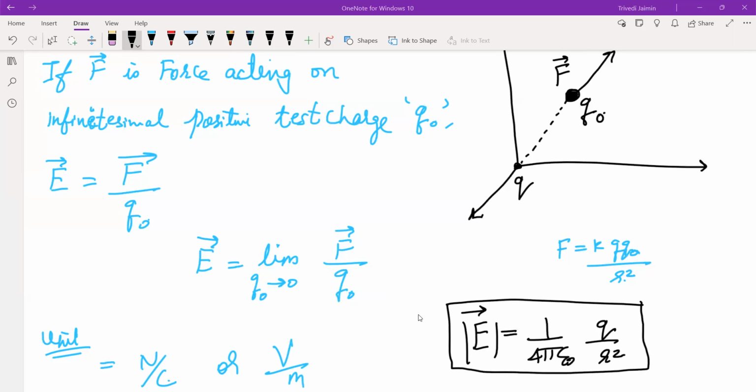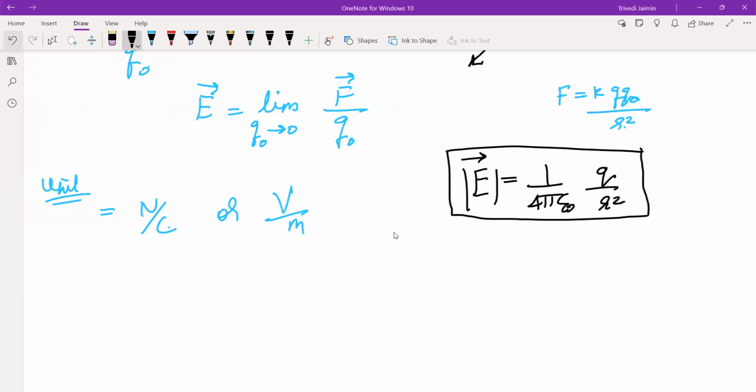Okay, so this one, what we wrote, let's write in detail properly. I was just simply deriving.